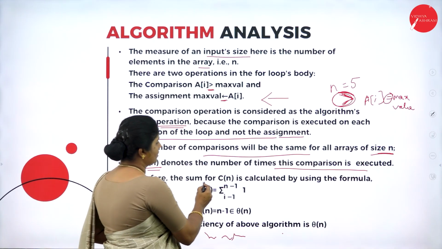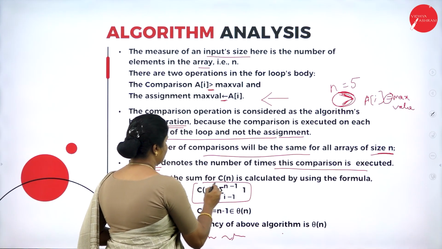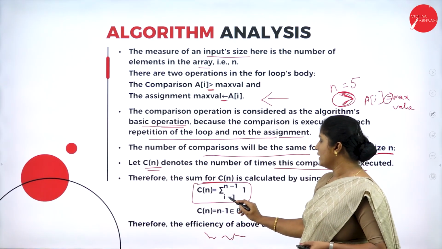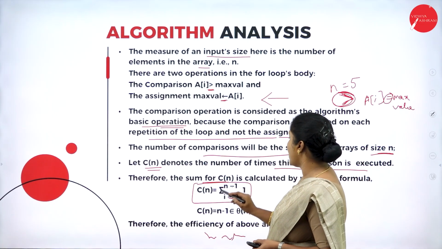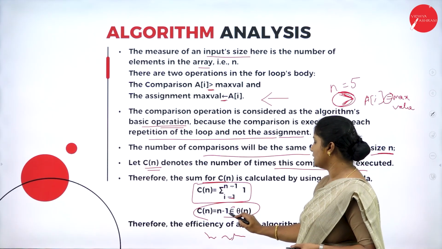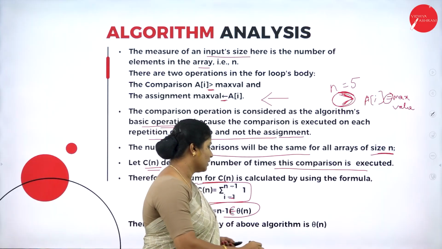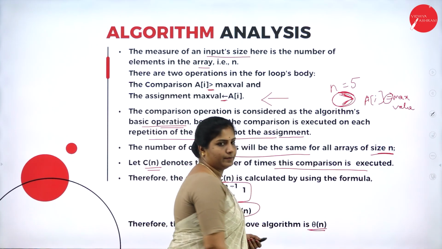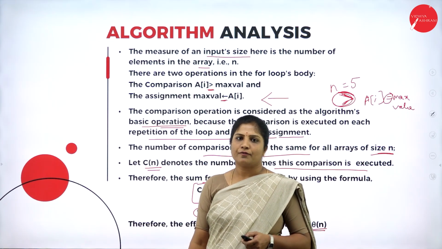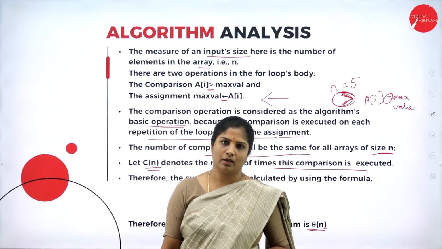The sum for C of n is calculated as sigma of I equal to 1 to n minus 1. So we get C of n equal to n minus 1, which belongs to theta of n. Therefore the efficiency of the algorithm is theta of n. This is how we analyze finding the maximum element using a non-recursive algorithm.